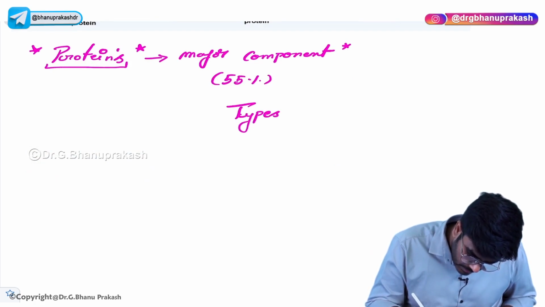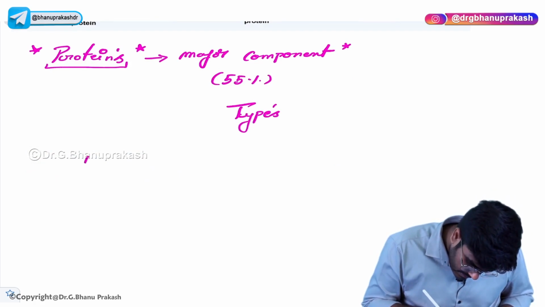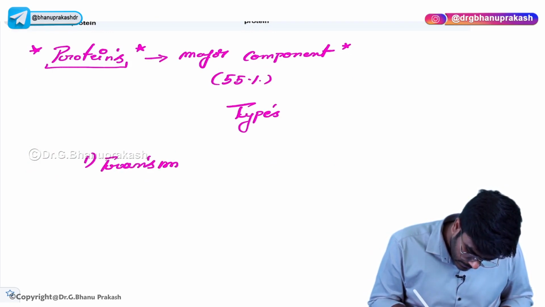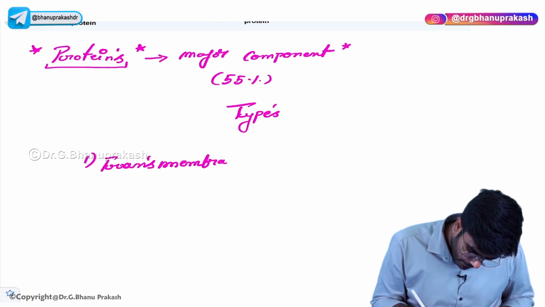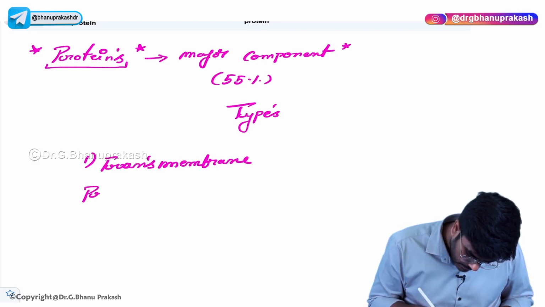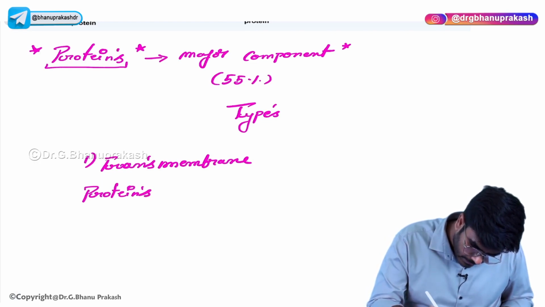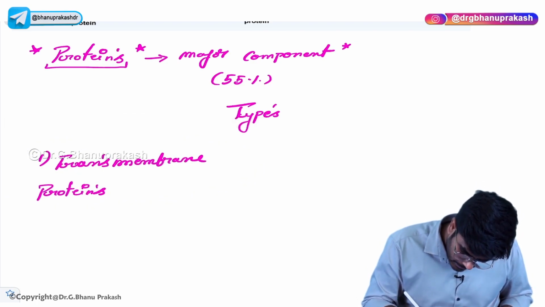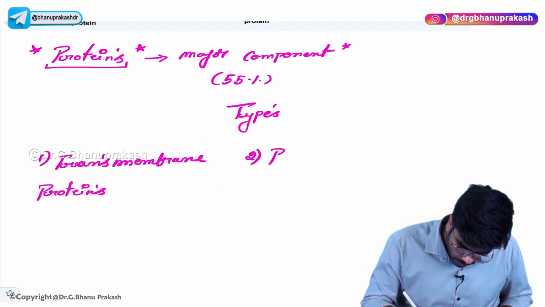Types of proteins. The first type includes transmembrane protein. The second type includes peripheral protein.